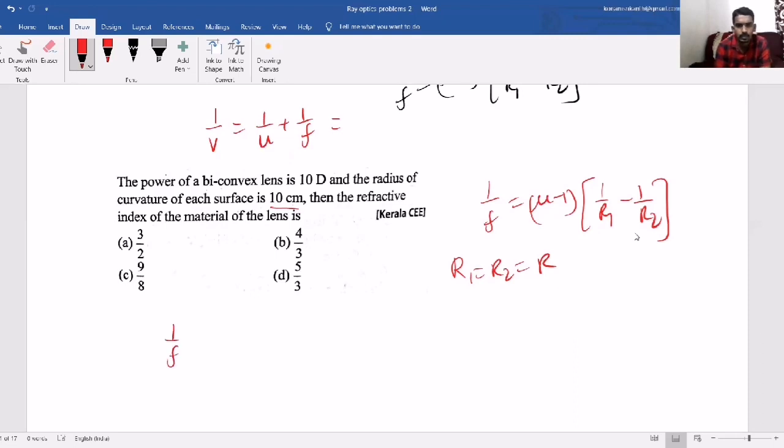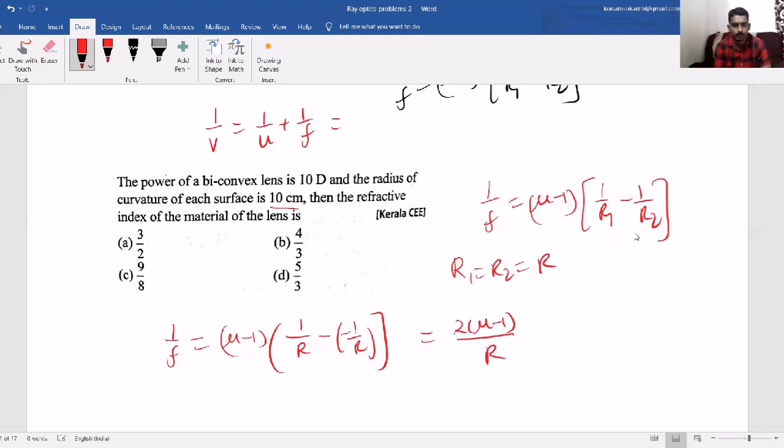Now, as it is a convex lens, R1 is plus, R2 is minus. Already we have discussed. So 1 by F equals mu minus 1 into 1 by R minus 1 by R. So minus of minus is plus, so 2 by R. So 2 into mu minus 1 by R. Of course, we found it also. Now they are asking the refractive index, where power they have given as 10 diopter.